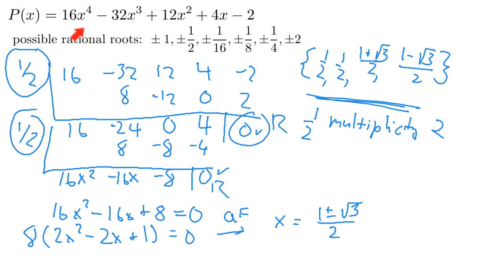For example, if I had a polynomial with all positive coefficients, that would probably tell me I would need to start trying negative numbers from this list, because remember, eventually we've got to get it down to where something cancels off something else. So you've got to introduce some negatives in there.